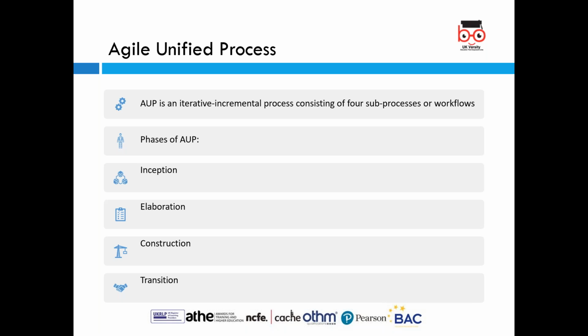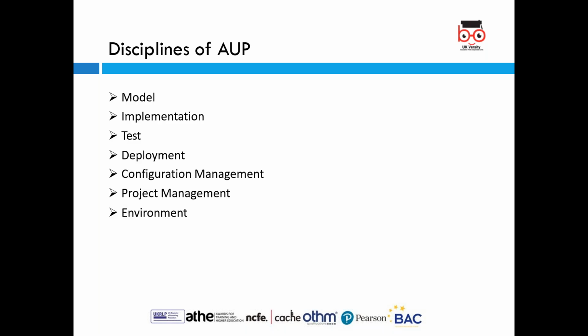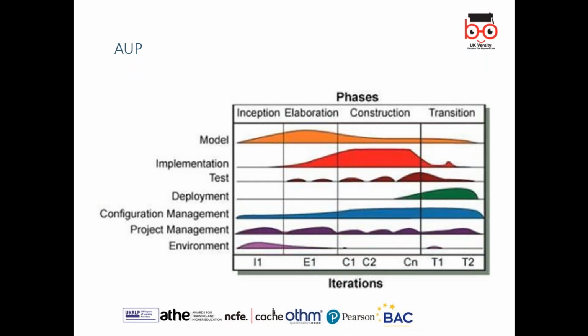The process consists of 4 sub-processes or workflows: inception, elaboration, construction, and transition. These have to be conducted at the same time on a linear scale. The disciplines, the topics that will be covered, are the model, implementation, test, deployment, configuration management, project management, and environment. As mentioned, in the iteration, this is the best image which explains the linear process of all our disciplines.